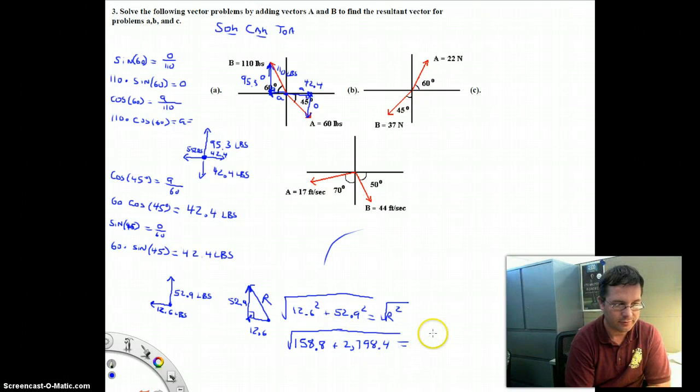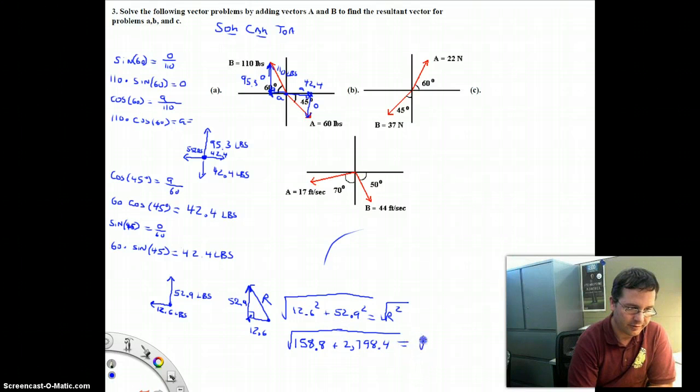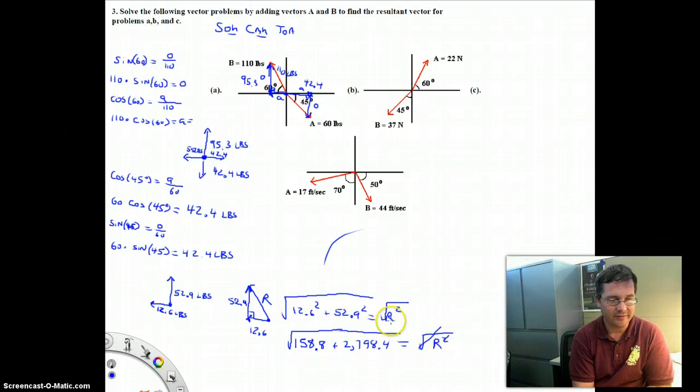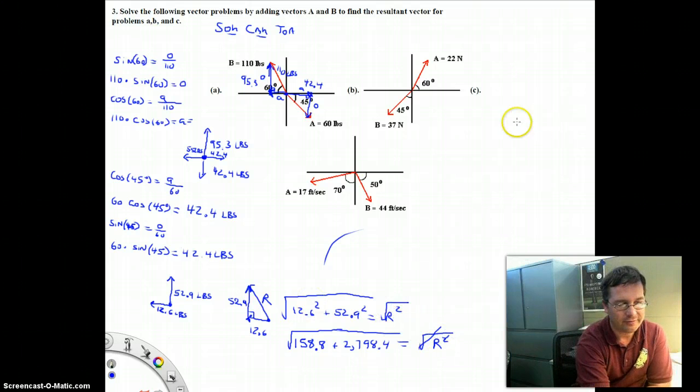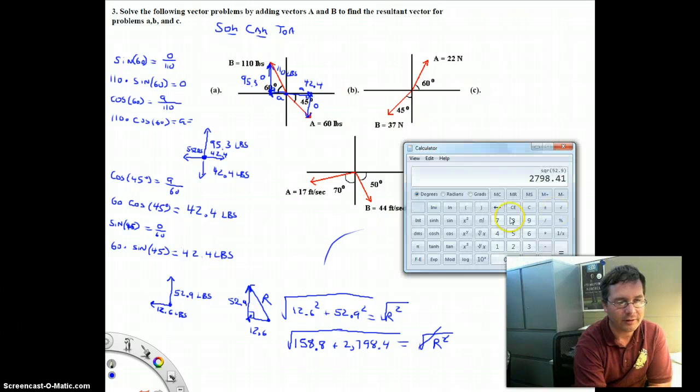And again, that's equal to, essentially we could think of it as the square root of r squared. Well, on the right side, really, we can just cancel, right? Because there is no sum, so I can just strike the square root sign and strike the component. That is equal to r. Now it's just a matter of summing those two values together and taking the root.